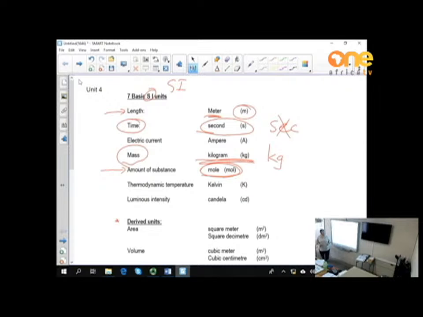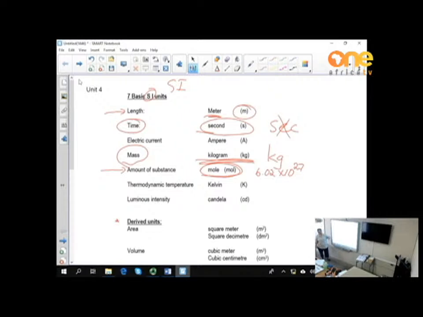Okay. If I have 1 mole of something, I have got 6.02 times 10 to the power 27 of them. So a mole is just a quantity, a very large quantity. We'll come back to mole when we do that specific part.